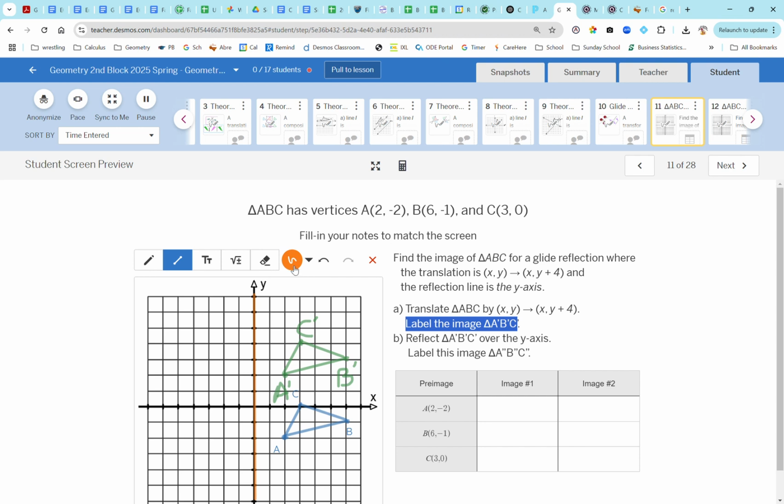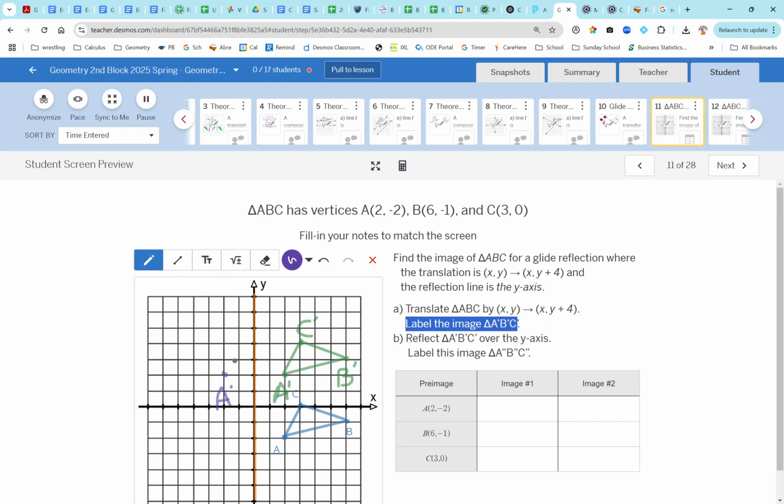You can see I'm going to start with point A. Point A is 2 to the right, and A double prime will be over here, 2 to the left on the same horizontal line. B is up here. Count them 1, 2, 3, 4, 5, 6.